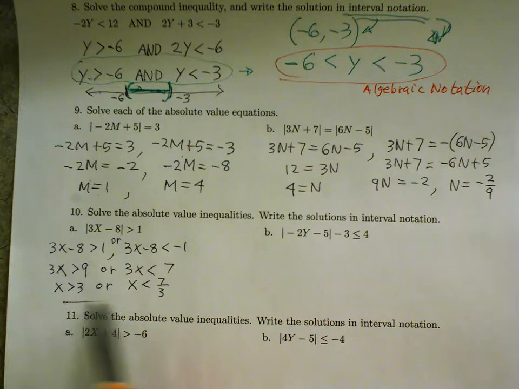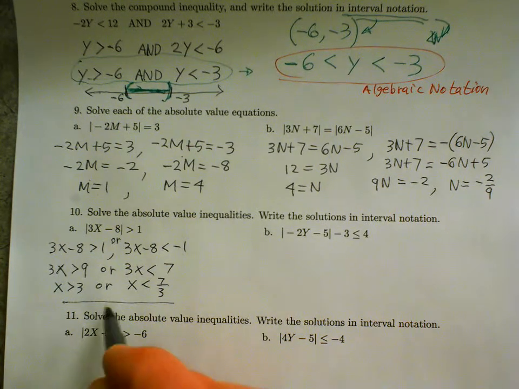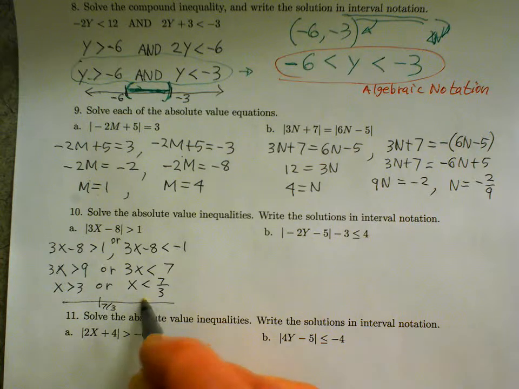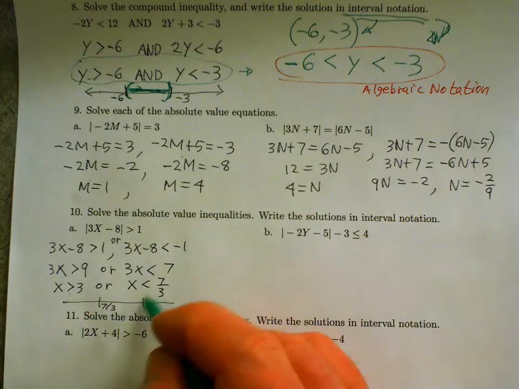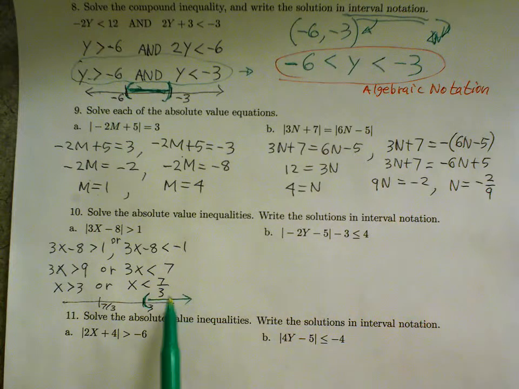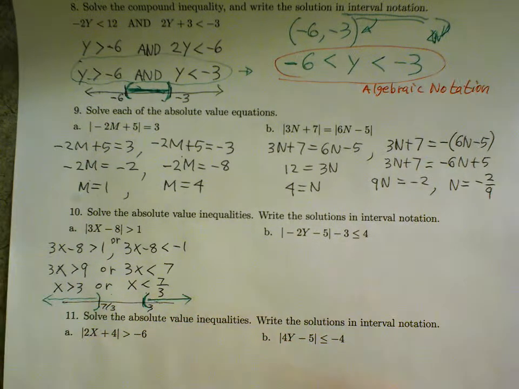Okay, so graphically, 7/3 is to the left of 3. So x is greater than 3 means x could be to the right of 3 on the number line, or x is less than 7/3, which means that x could be to the left of 7/3.